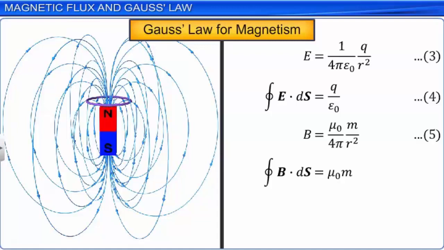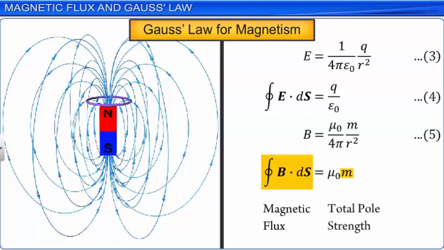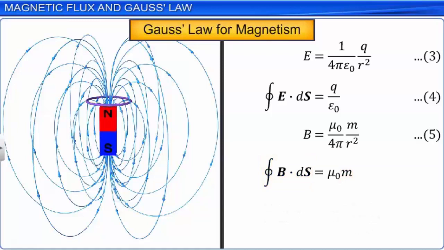Here, integral over the closed surface B dot ds is the magnetic flux, and m is the total pole strength enclosed by the closed surface. Since the isolated magnetic pole or magnetic monopole does not exist, that is, magnetic dipoles alone exist with poles that are opposite in nature, the net pole strength enclosed by the closed surface is 0.